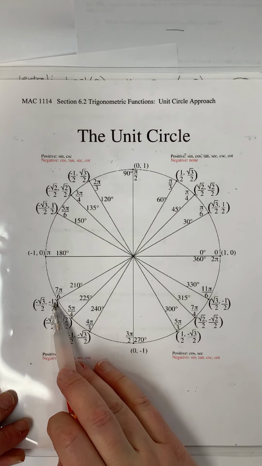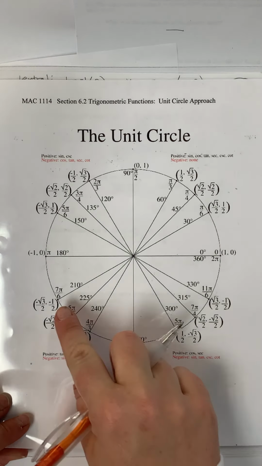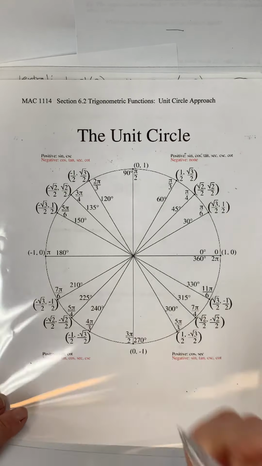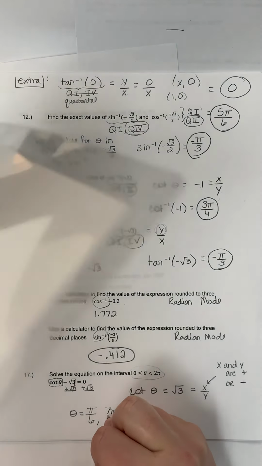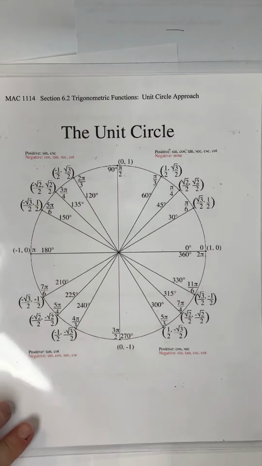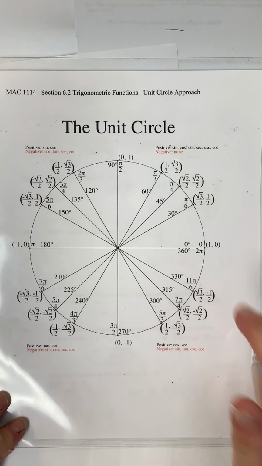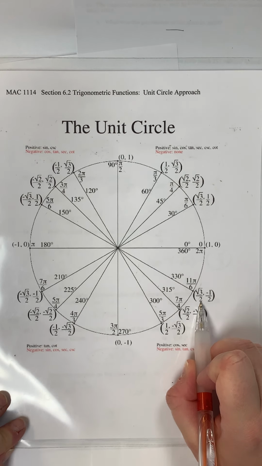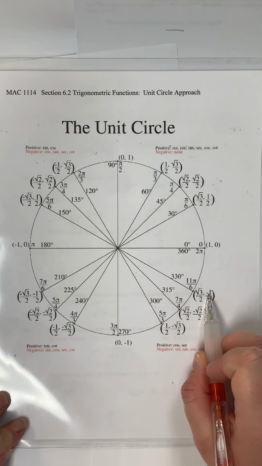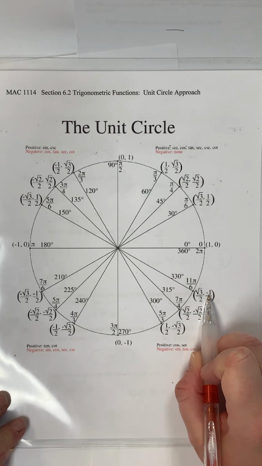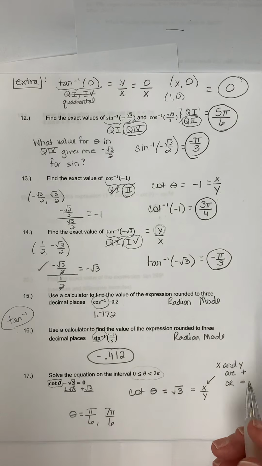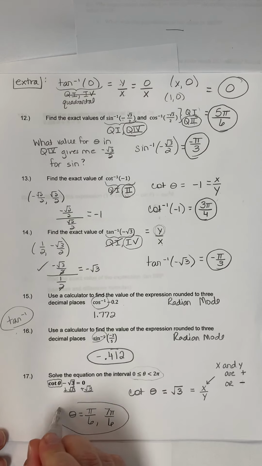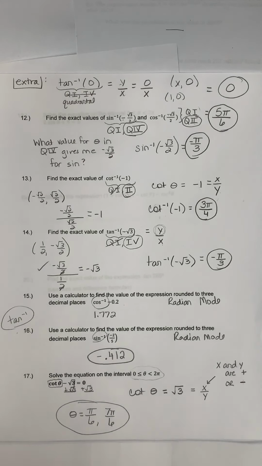A negative divided by a negative gives me a positive. And that value is 7 pi over 6. Okay. And then last but not least, here's a √3 over 2 is x, but his y is negative. That's not going to give me a positive cotangent. So these are my 2 answers.